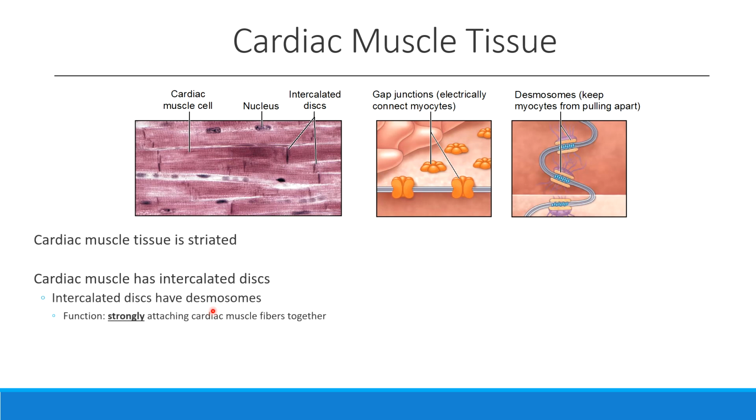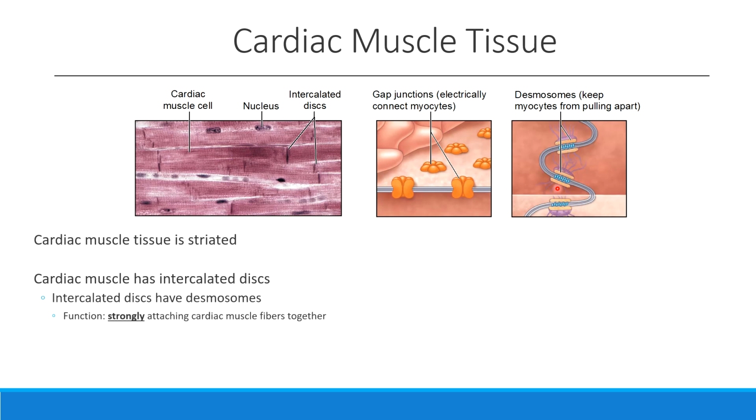If you remember from A&P1, desmosomes are what give us the strong attachment between different cells. So we see this both in the skin and again here in our cardiac muscle tissue. So desmosomes anchor one cell to the other. This is really important when you have a type of tissue that's constantly pulling away and toward each other during the process of a heartbeat.